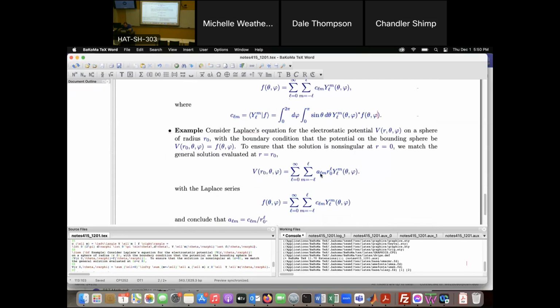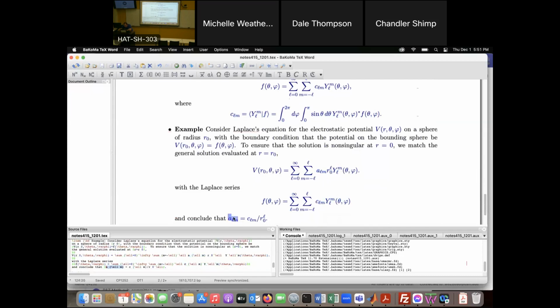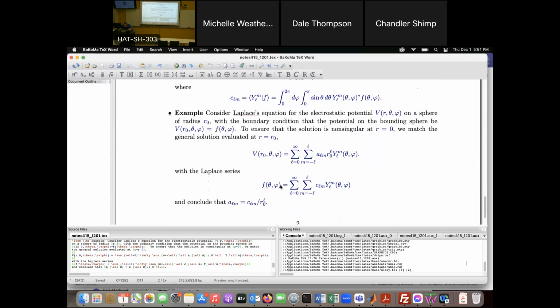So all we have to do is match these up. Because the spherical harmonics are orthonormal, therefore certainly linearly independent, it's enough to make sure the coefficients agree. So we just match these up, and that tells us how to get A_LM. It's just the coefficients of f's Laplace expansion, and you divide by r naught to the L to account for where the boundary condition is being enforced.